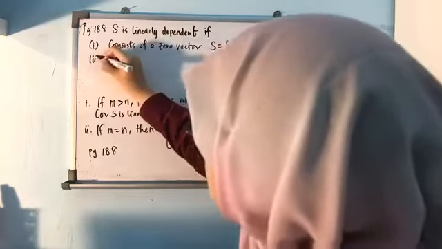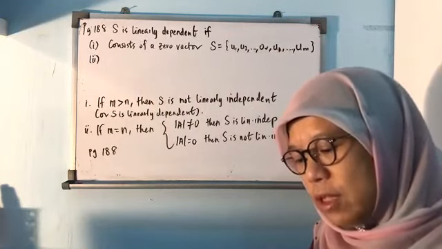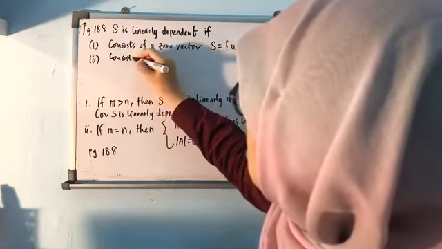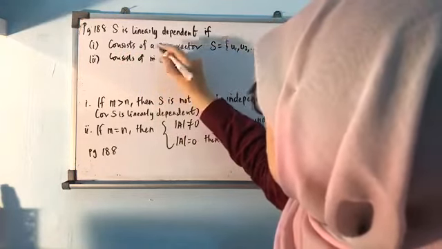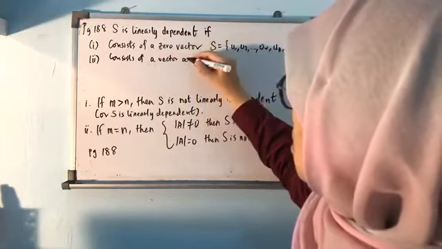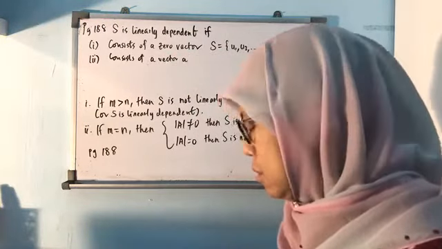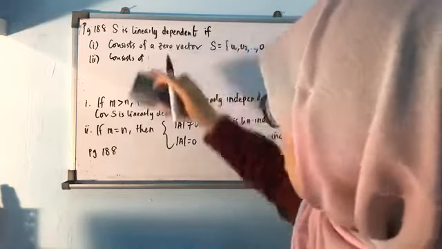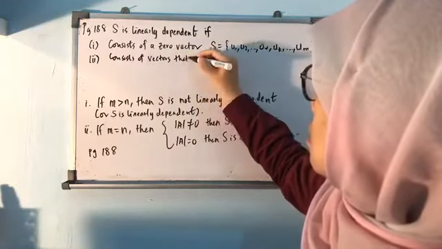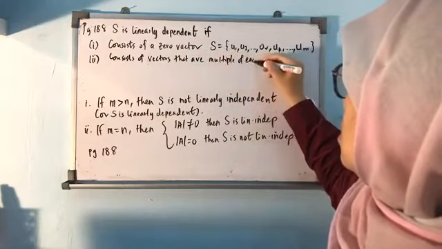The second one: it consists of two or more vectors which are multiples of each other.